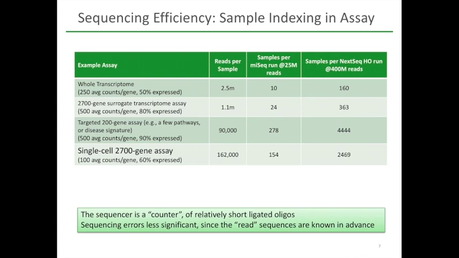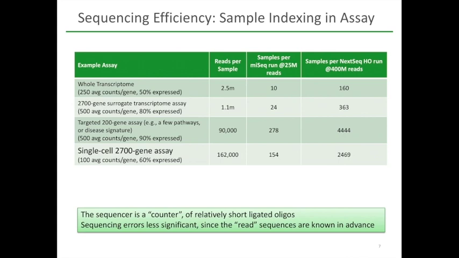When you perform the targeted assays, in the case of hundreds or thousands of genes in a panel, rather than the whole transcriptome, which is 20 to 30,000 genes depending on the species, you're able to now increase your throughput even further and therefore reduce the cost per sample of sequencing.